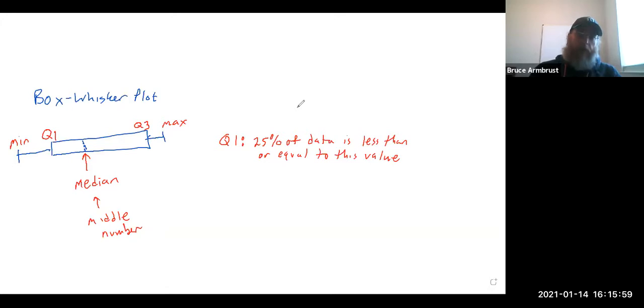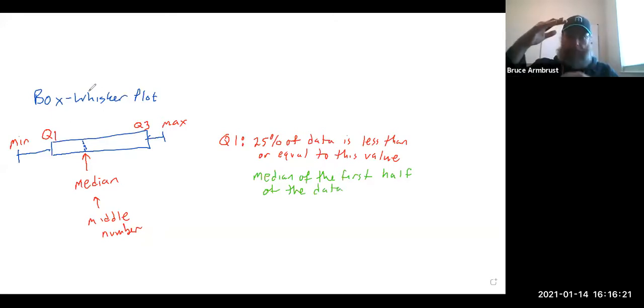I, however, like to think about it in a different way because I think this is a little bit easier to remember. This is the median of the first half. So if we've got our data in a list, right?